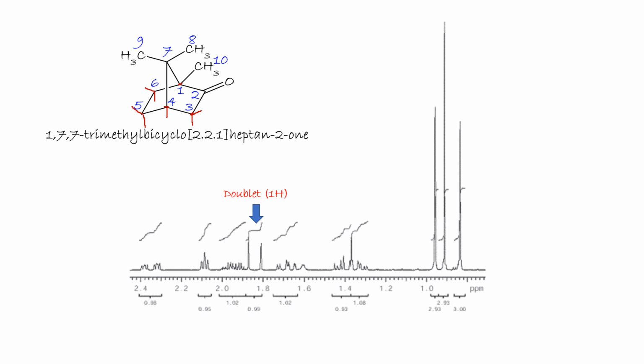Okay, before I started, I made a model and looked at these two hydrogens and found out that the angle between this hydrogen and this hydrogen is around 90 degrees. So the only coupling this hydrogen will show is the coupling with that proton.